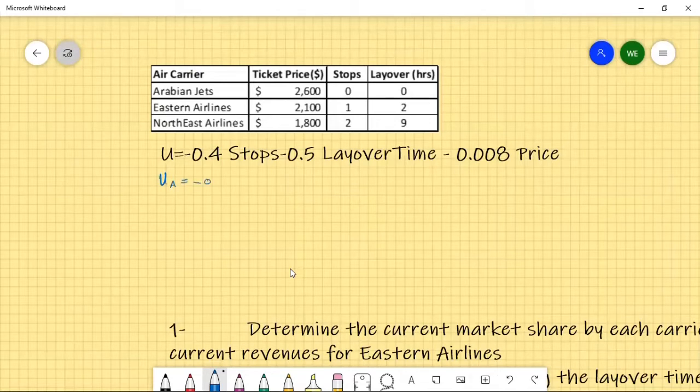UA equals minus 0.4 multiplied by number of stops 0, minus 0.5 multiplied by layover, of course 0, minus 0.008 multiplied by 2600, equals minus 20.8. Good.